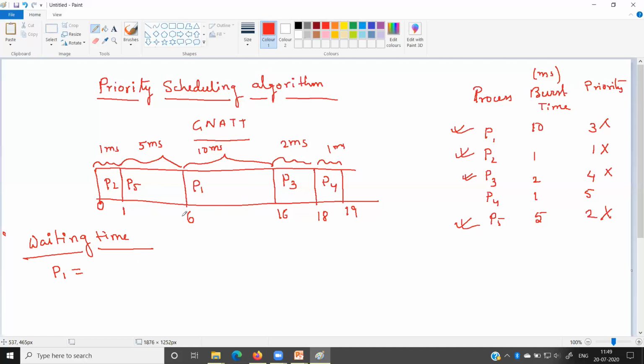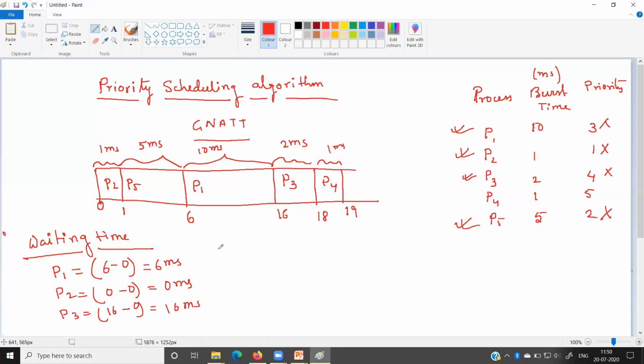So the waiting time is 6 minus 0, 6 milliseconds. Similarly, the waiting time for P2 is 0, since it started at 0 and arrived at 0. For P3, it started at 16, arrived at 0, so 16 milliseconds.